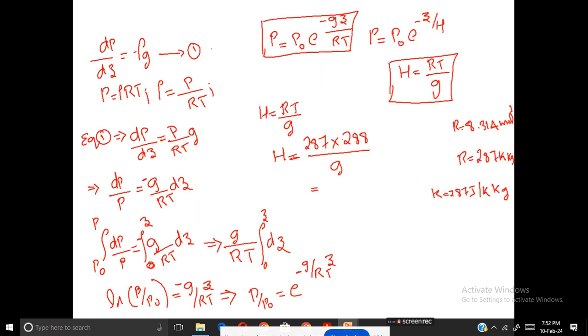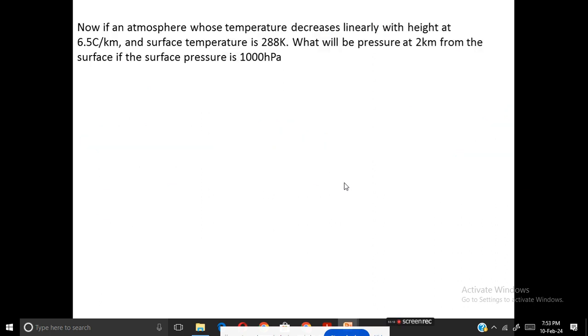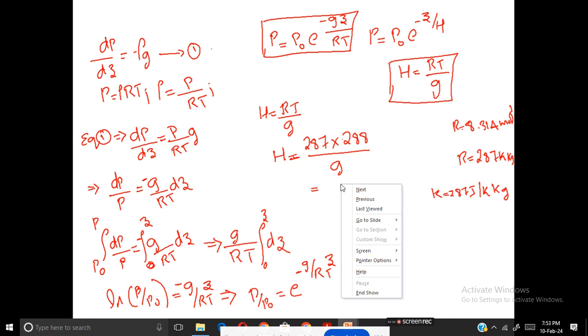That's what you are getting. Did anyone else get the answer? Yeah, thanks. So not kilometers. What will be the unit? 8434 is correct. What will be the unit?